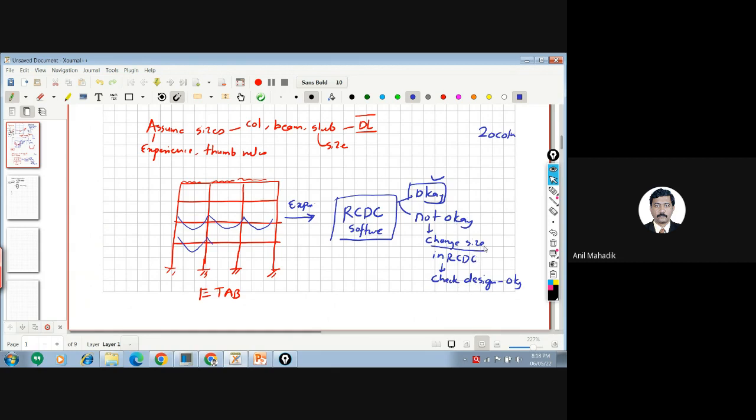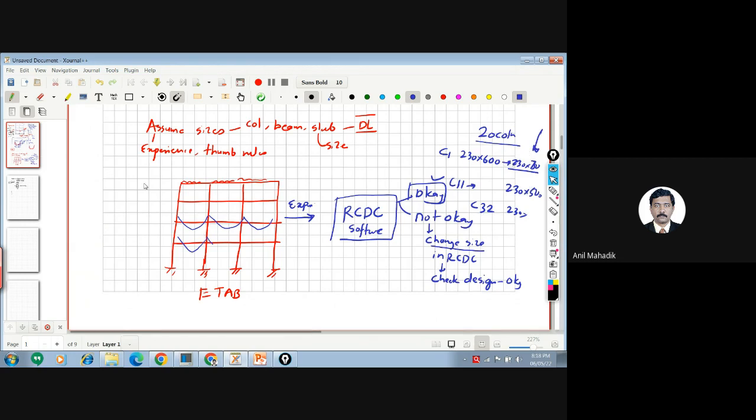Then you know that those columns, previously 230 by 600, are now 230 by 750. RCDC even gives a log of the changed sizes. Say C1 needs to change, then C11 needs to change to 230 by 500, then C32, and so on. These are the revised sizes I want for the design.